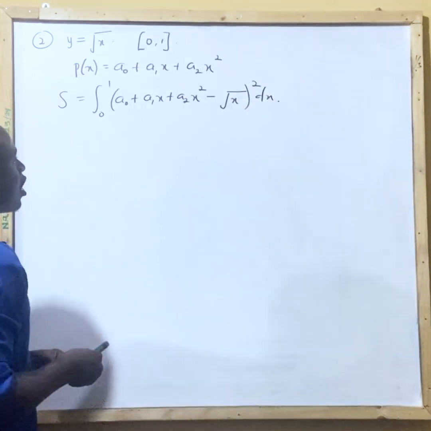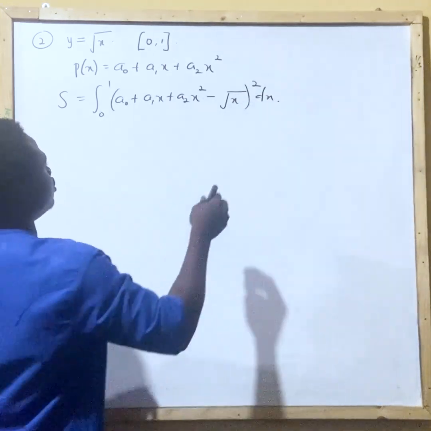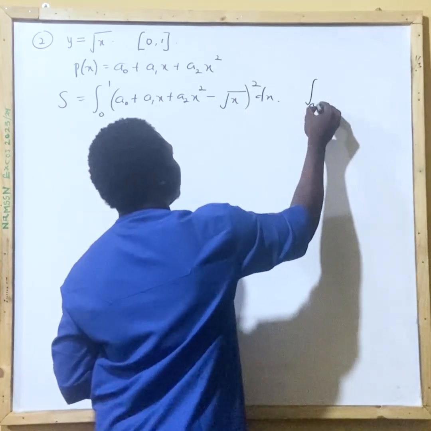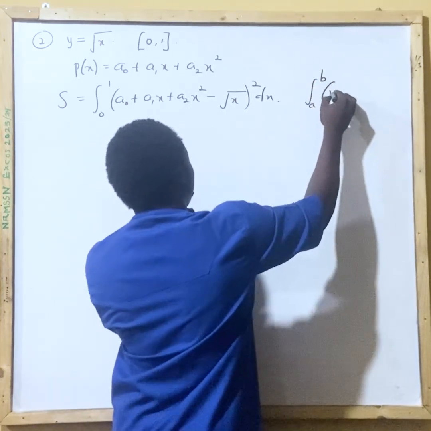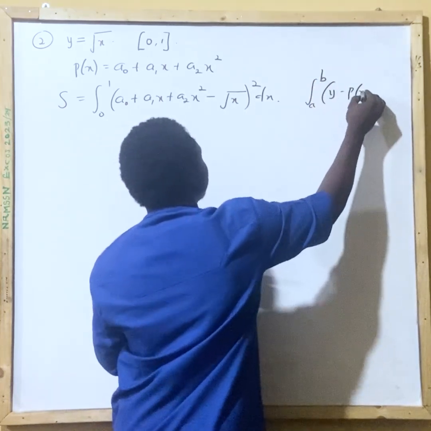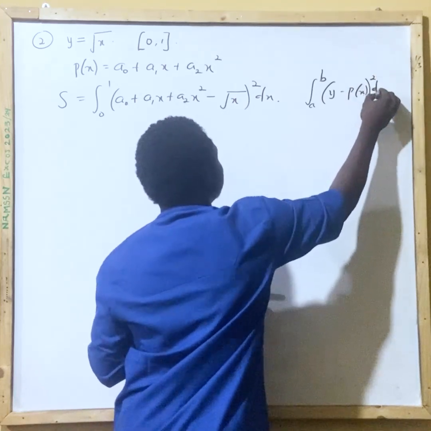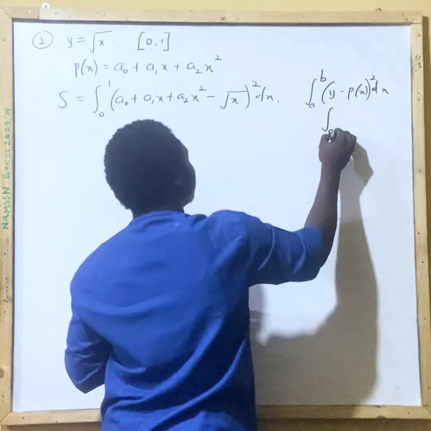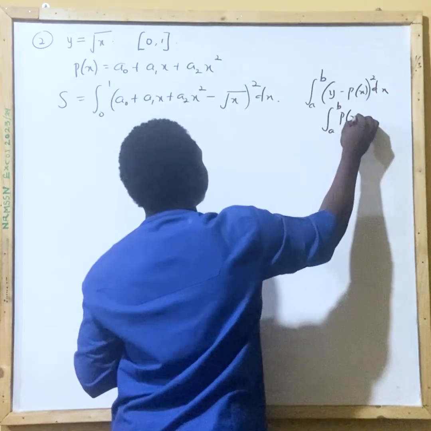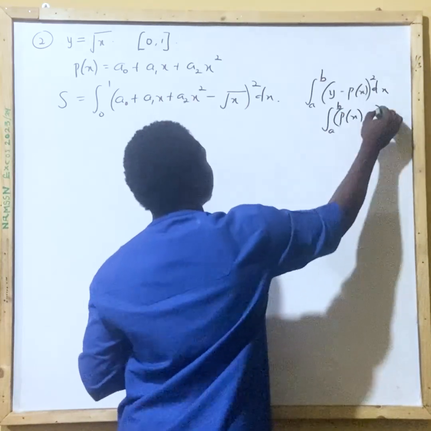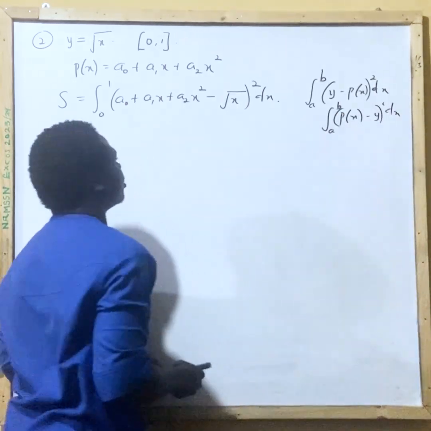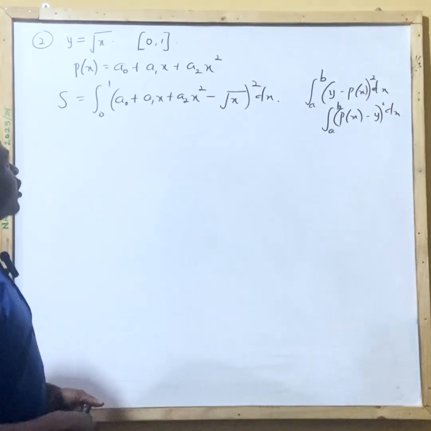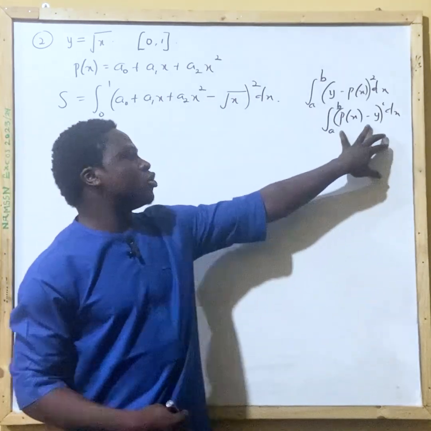Basically you can consider either integral a to b of y minus p of x all squared dx, or integral a to b of p of x minus y all squared dx. In the long run, we'll get the same result. For this case, I'm considering the second one.